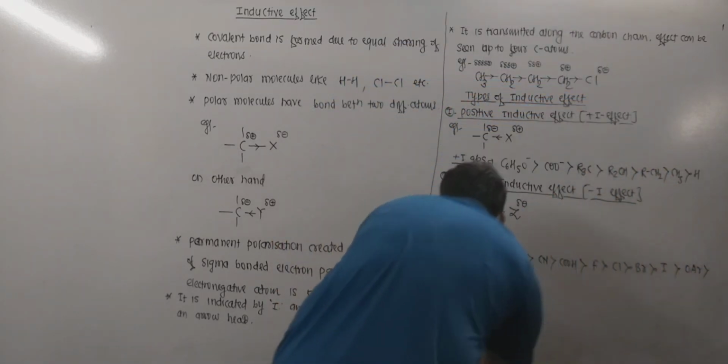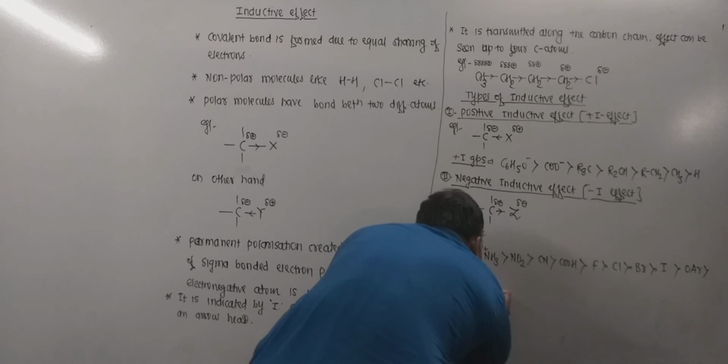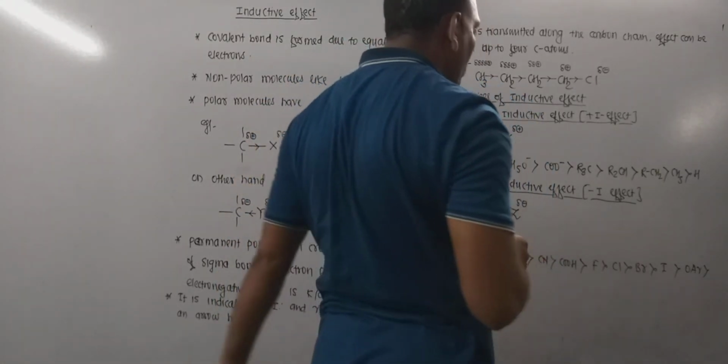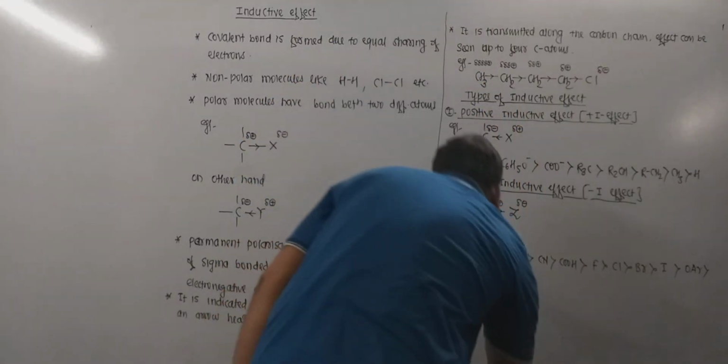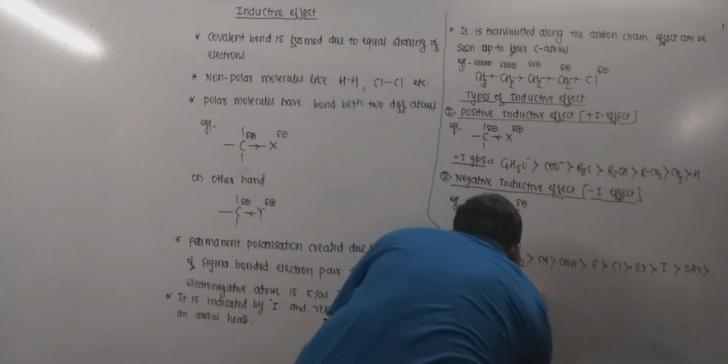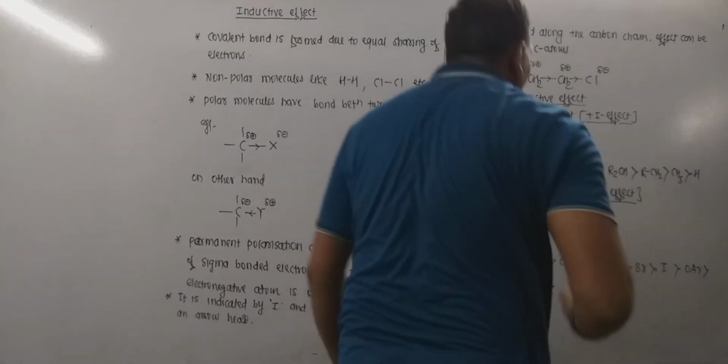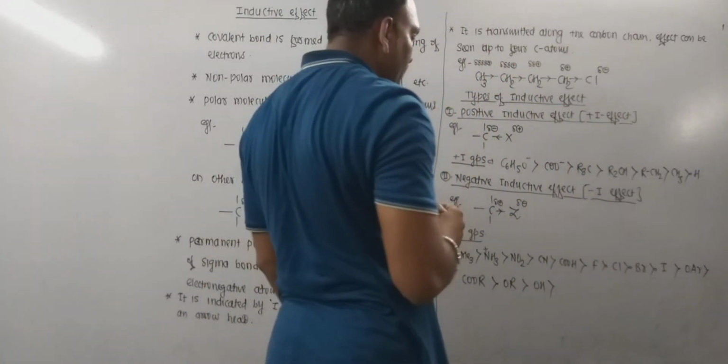Next to this, COOR, that is carbalkoxy, which is present in ester. This is also a minus I group. Another very important one is OR, that is alkoxy. Next to alkoxy, OH. So the OH group is also a minus I group, one can say.